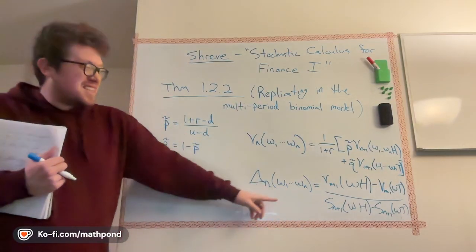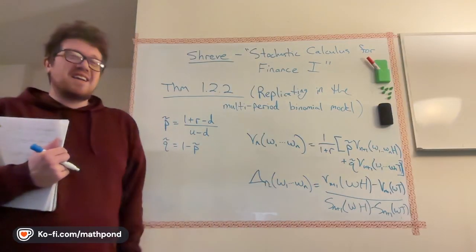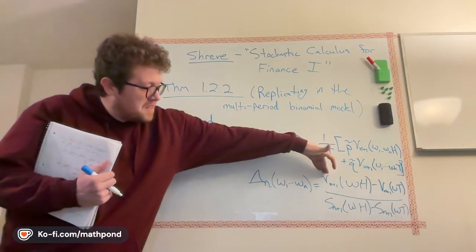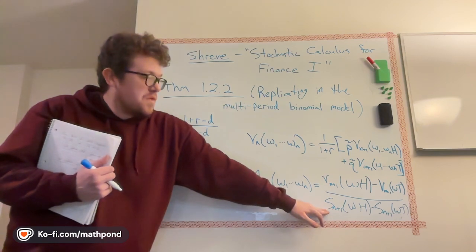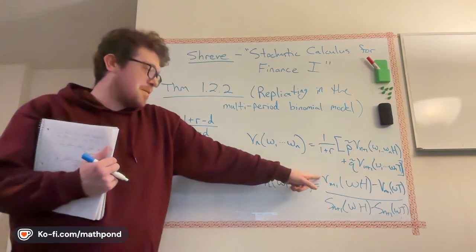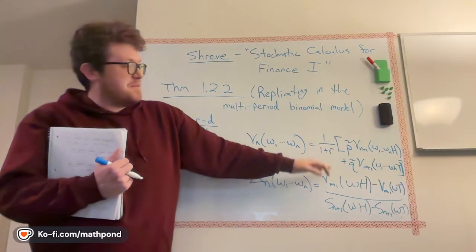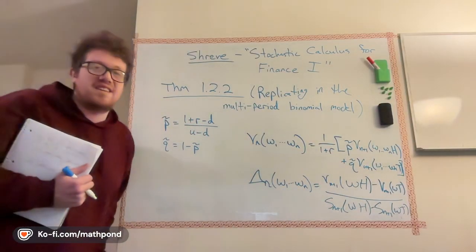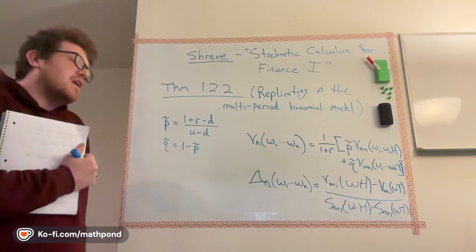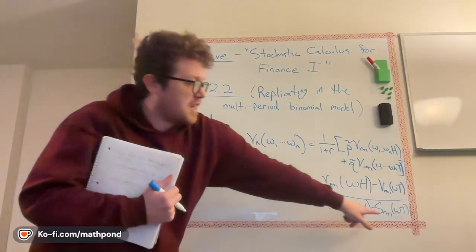So you can see this almost looks like a derivative because it's a difference. You can think of this as the derivative of the option price with respect to time, and then the stock price with respect to time. And this is some sort of chain rule where you're losing the division by the difference of time, and you just end up with the difference of the option price over the difference of the stock price.